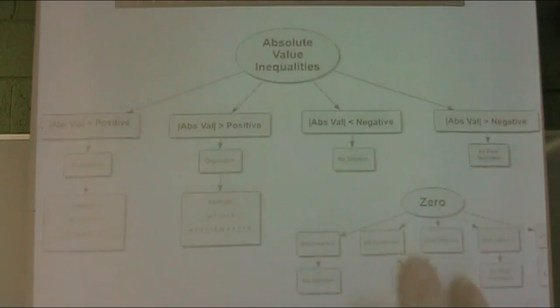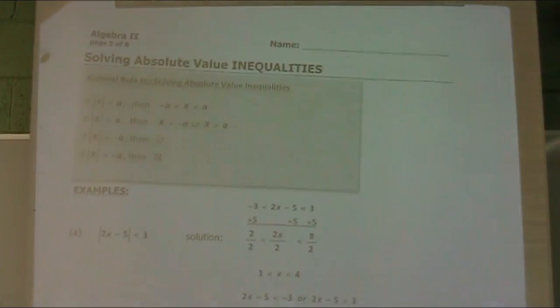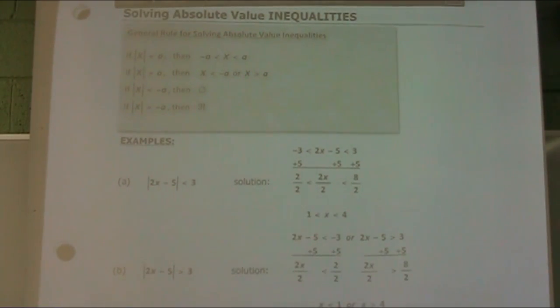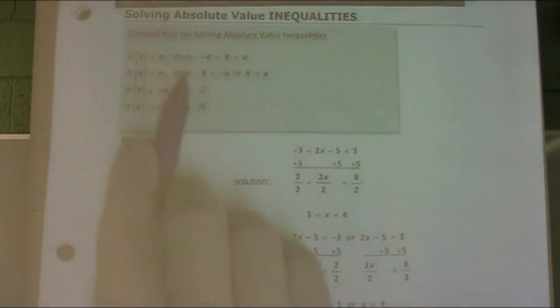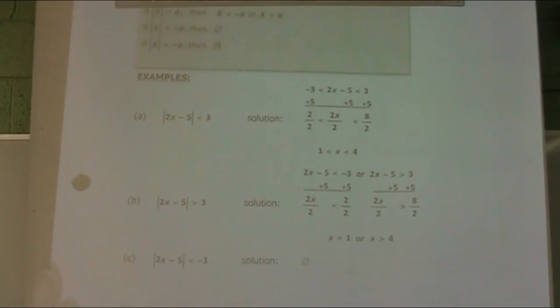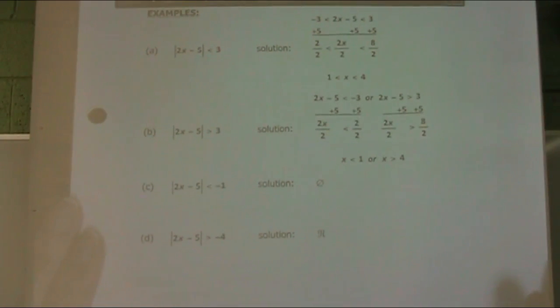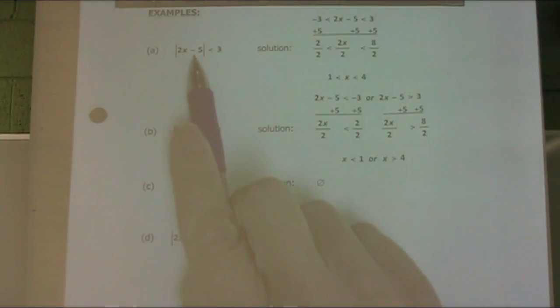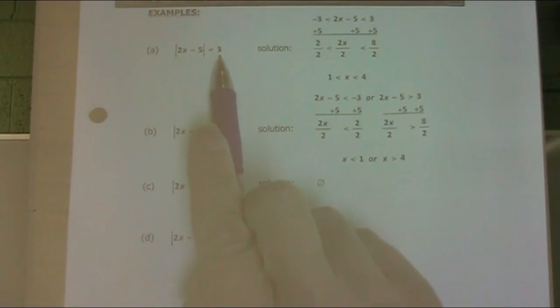So now let's go to some basic examples on page 5 of our notes. And what we just talked about is the basic rules that are in this gray box. So we're going to do some examples, and they're already worked out for you. We have absolute value less than a positive number.